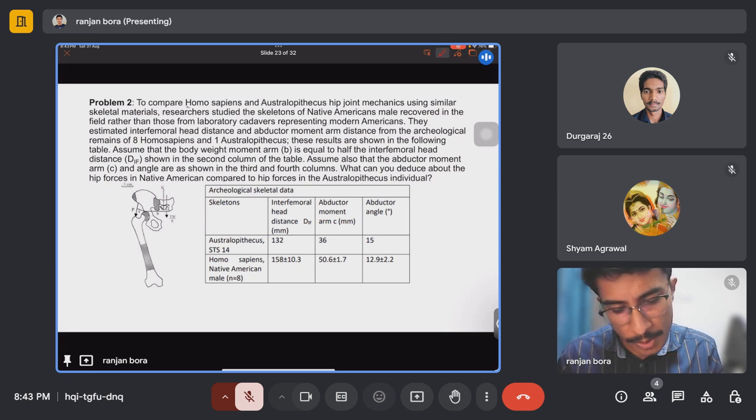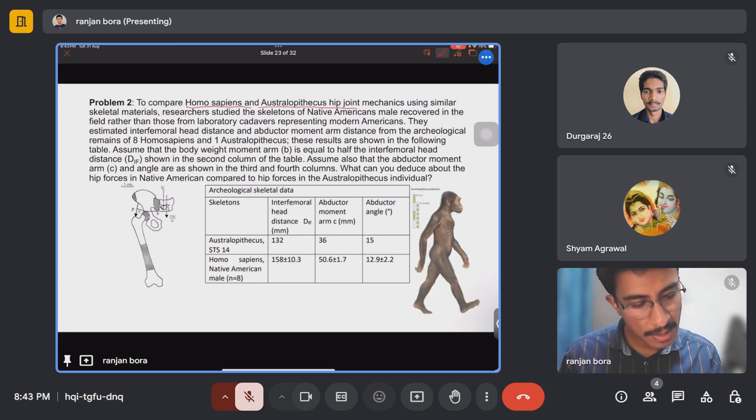To compare Homo sapiens and Australopithecus hip joint mechanics using similar skeletal materials. What is an Australopithecus? Australopithecus is our ancestor, which is shown in this figure.